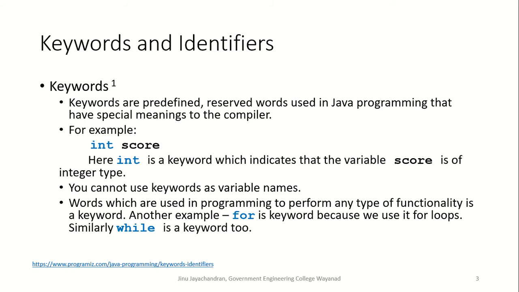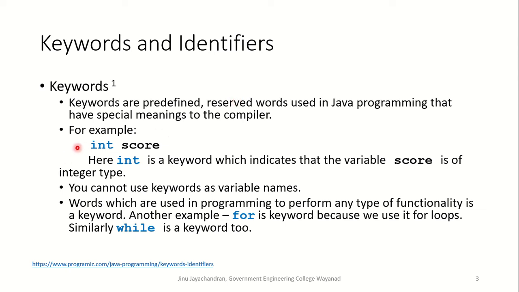So in Java or in any programming language, there is something called a keyword and an identifier. So a keyword is something which is already defined in that programming language. These are like reserved words. In Java or C, CPP, or Python, whichever language you take, there are some words which are already reserved in that programming language.